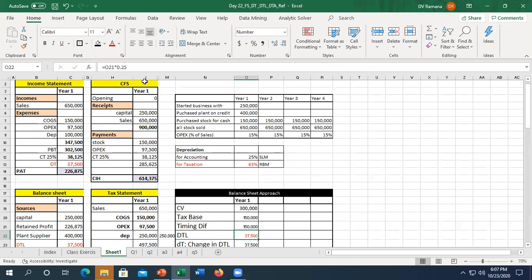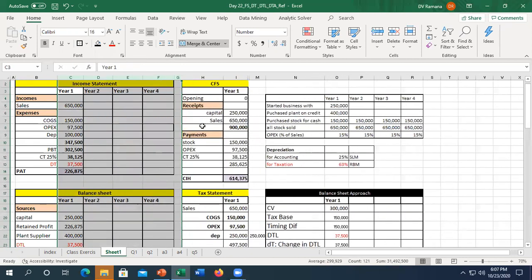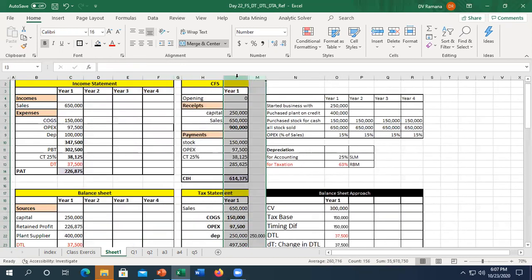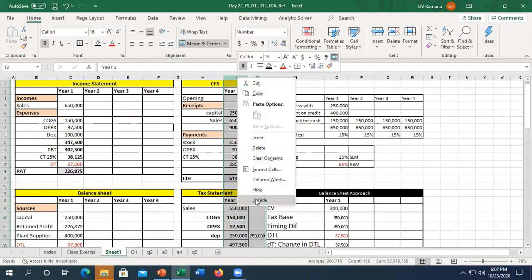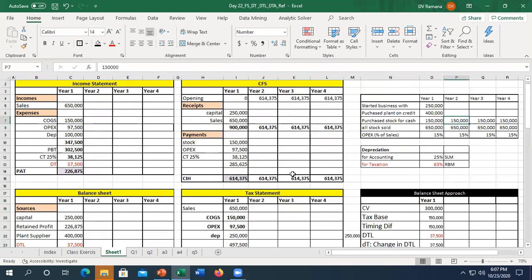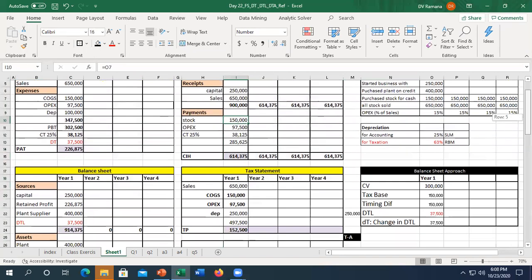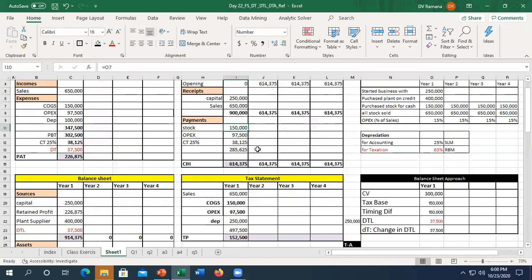So let me unhide the other years' template, so that we can do it together. Now, in year 2, every year we are purchasing 150,000 of stock, and we are making the payment of 150,000.